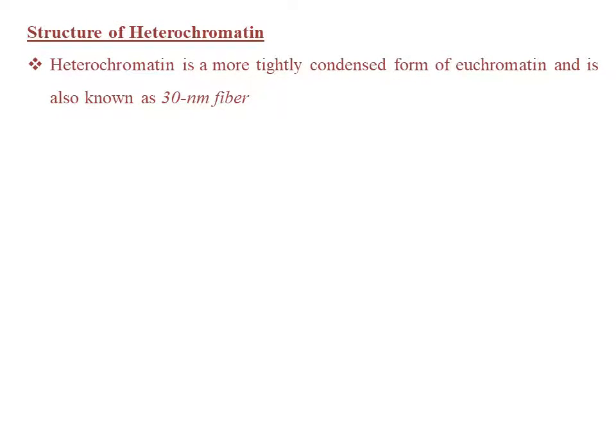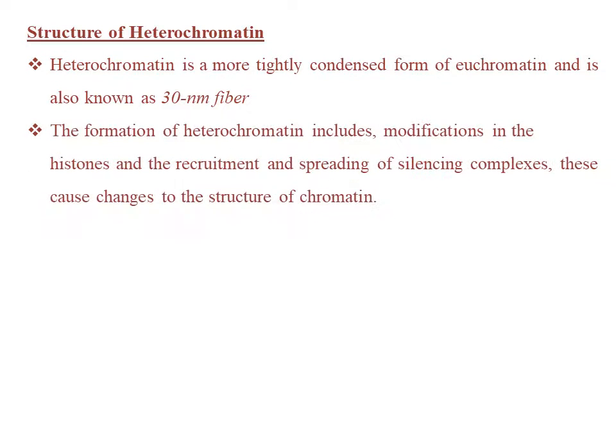Structure of heterochromatin. The heterochromatin is a more tightly condensed form of euchromatin and is also known as the 30 nanometer fiber, because the diameter of this helically coiled heterochromatin is 30 nanometers. The formation of heterochromatin includes modification in the histone and the recruitment and spreading of the silencing complexes. These modifications cause changes in the structure of the chromatin.